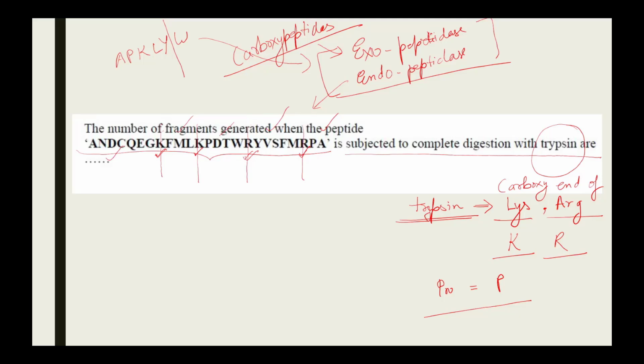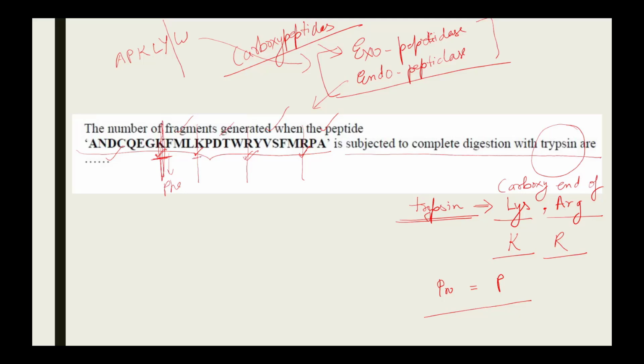But we should also keep in mind that trypsin would not work if the adjacent, or next, residue of lysine or arginine is proline. So here, in the first lysine, after lysine it's F, which is phenylalanine. So here the trypsin will digest or cleave.